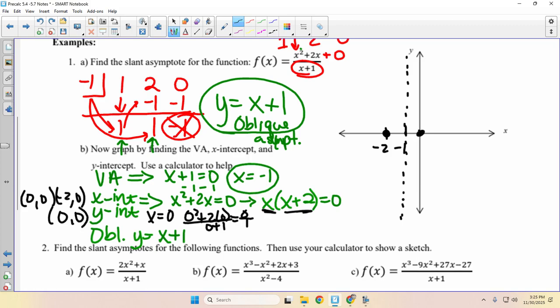So that is a slant line. We're going to start at 1, and it's going to go up 1 over 1. It's an asymptote, so let's draw it like a wall.